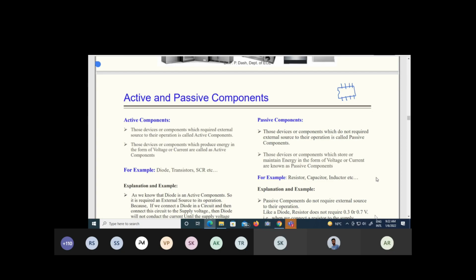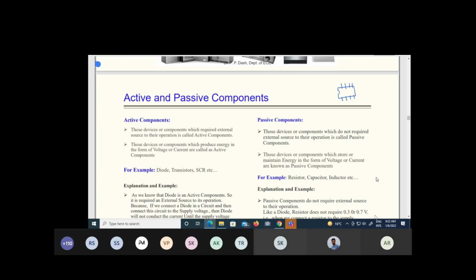When the diode is forward biased, it can be used for current conduction. If it is reverse biased, a very little amount of current will pass through it. If it is a Zener diode, it can be used for other purposes. So it requires an external power or external source for its operation.